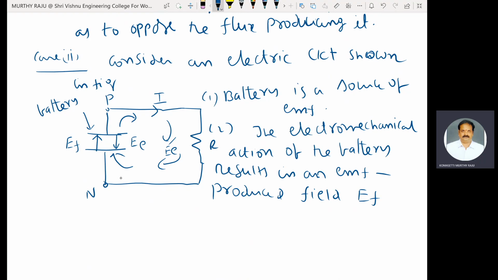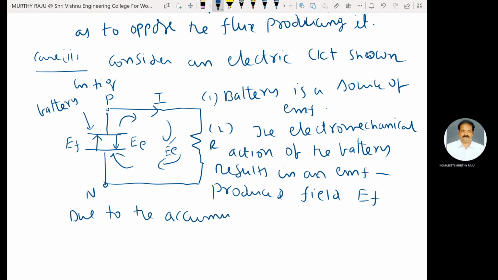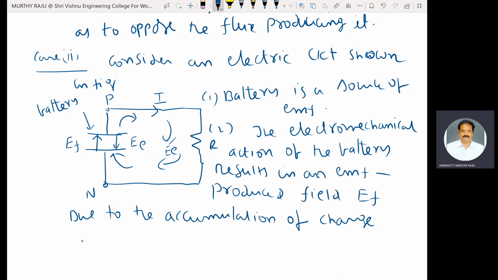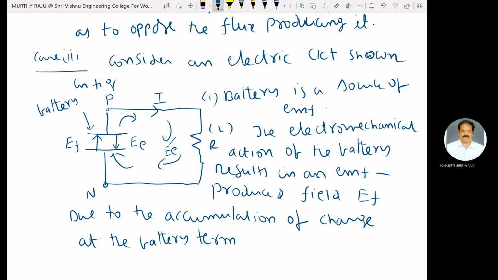The E_E field is due to the accumulation of charge at the battery terminals, an electrostatic field.